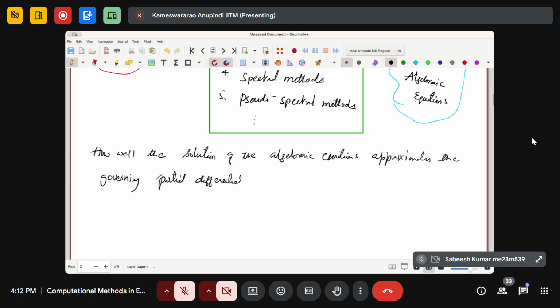How well this solution of the algebraic equations approximates the governing partial differential equation. So we call this particular error the truncation error. We represent it using TE.